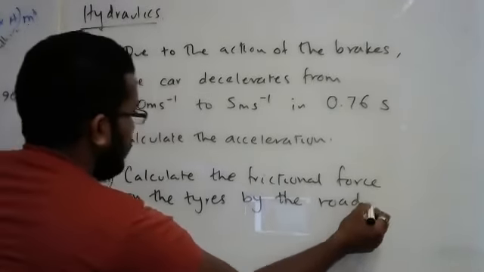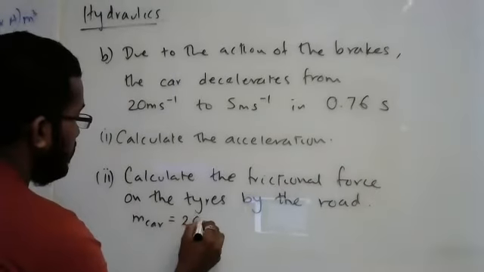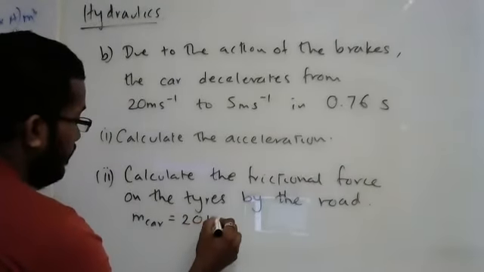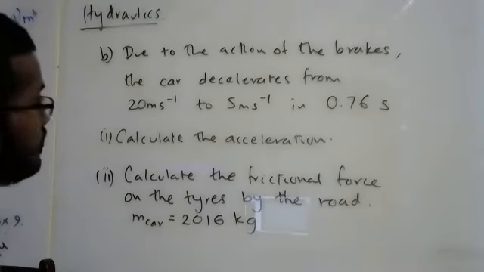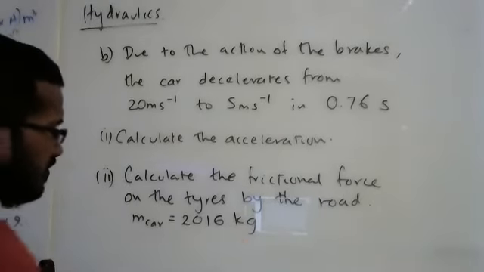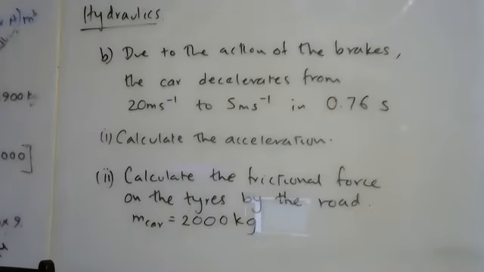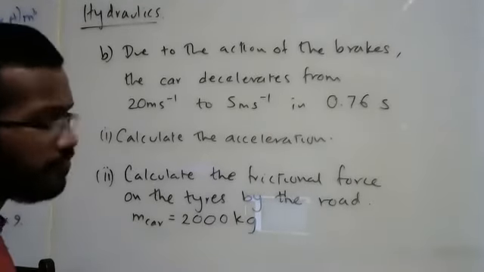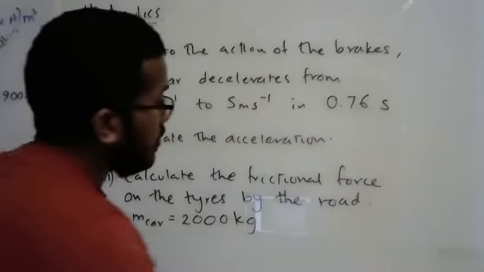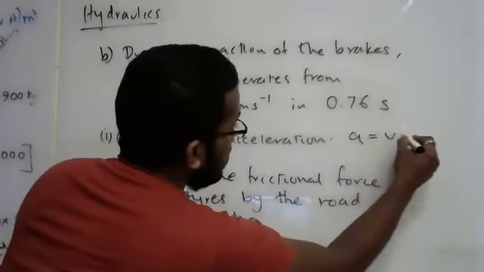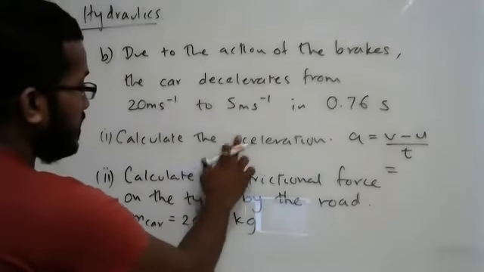The mass of the car is given as 2016 kilograms. Why are we complicating our lives with unnecessary numbers? 2000 kilograms. Okay, so recall the equation. If you can't recall, you have to recall it. Sorry, deceleration.